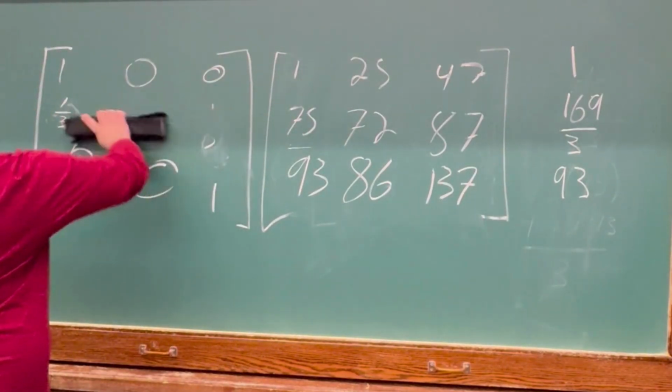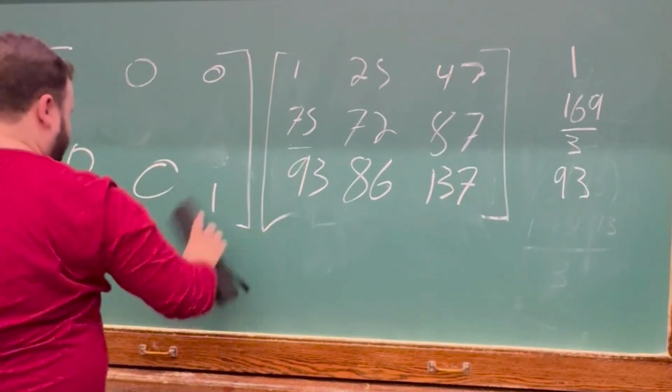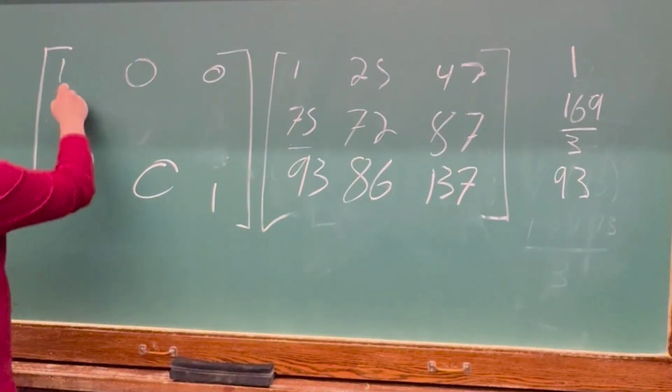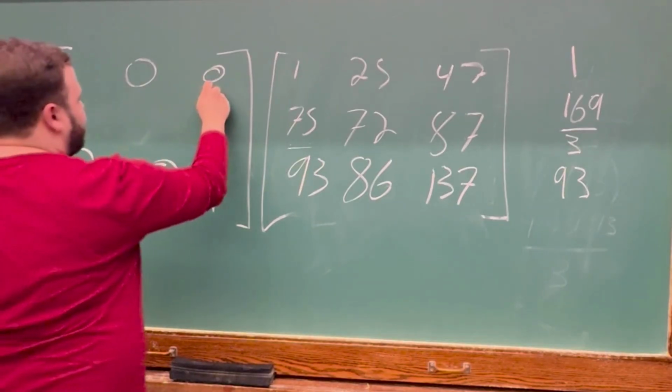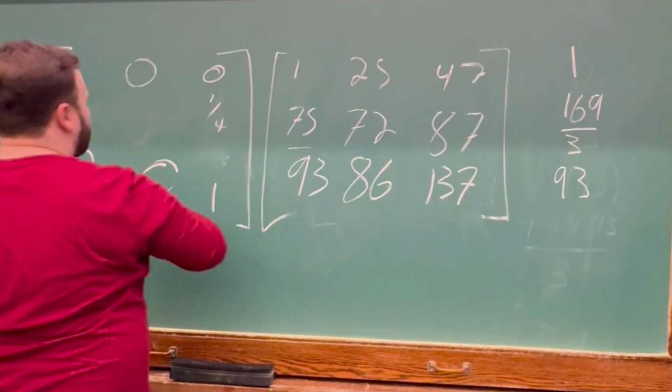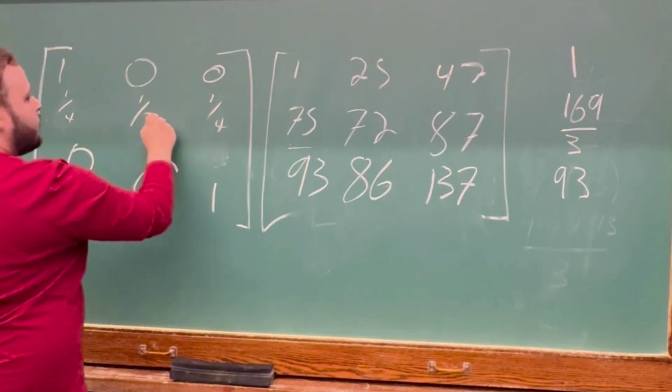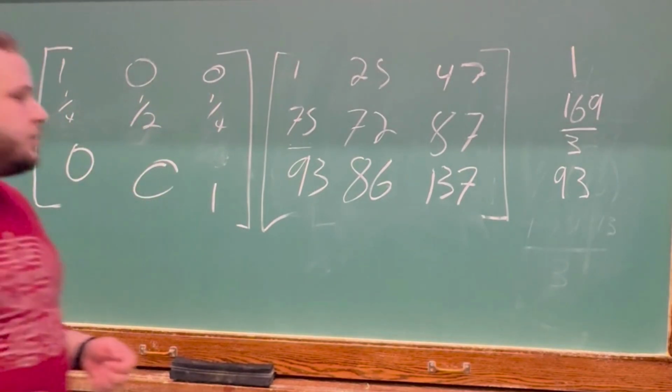I can actually change the weights that we're using so they only take 1/4 from the row above, 1/4 from the row below and 1/2 from the row itself.